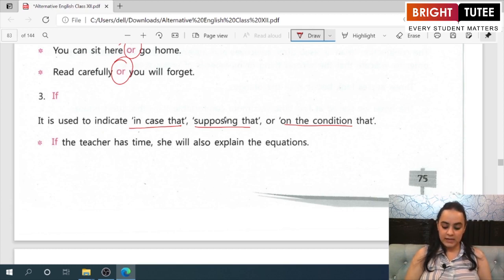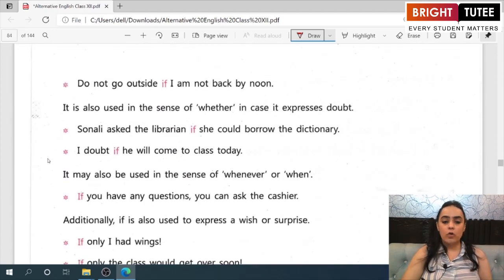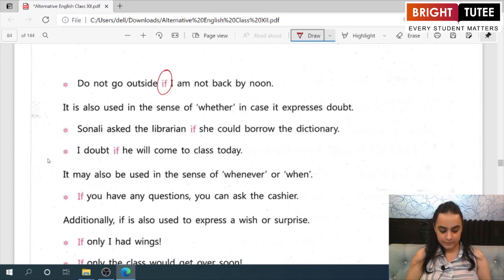So, supposing that, or the teacher will explain the equations on the condition that she has time. So, we use "if". Do not go outside if I am not back by noon. What is the condition? That if I am back by noon, you are not supposed to go outside.